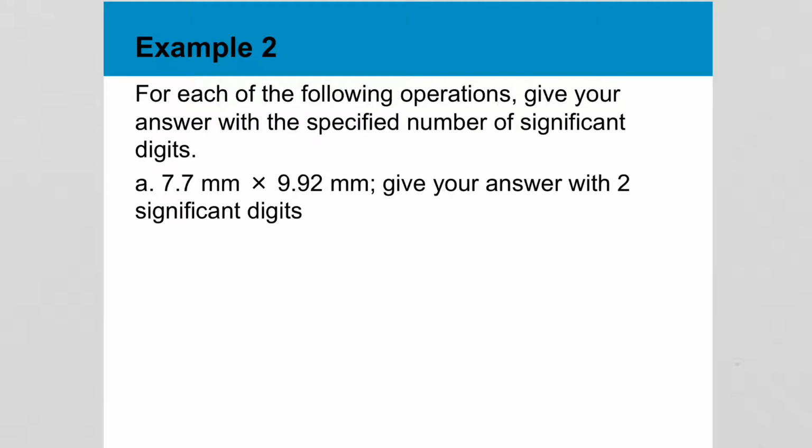Okay, so you just multiply. 7.7 times 9.92 is 76.384. Millimeters times millimeters is millimeters squared. But it says 2 significant digits, so we just need to stop at the 38. 76.38 millimeters squared.